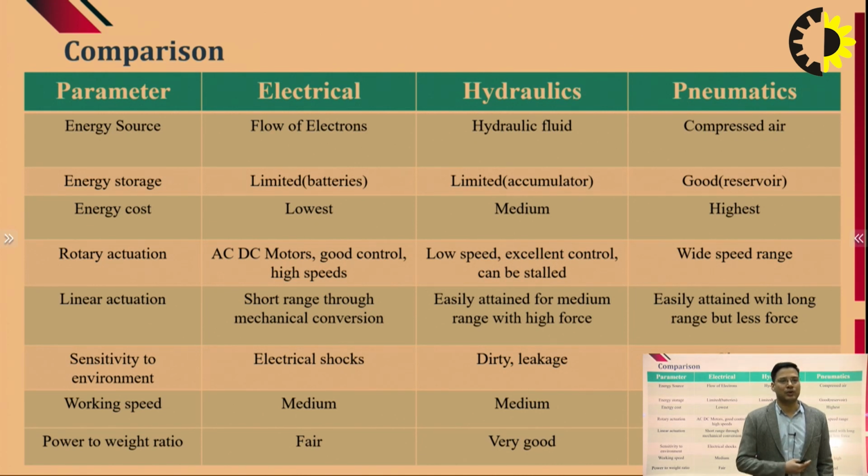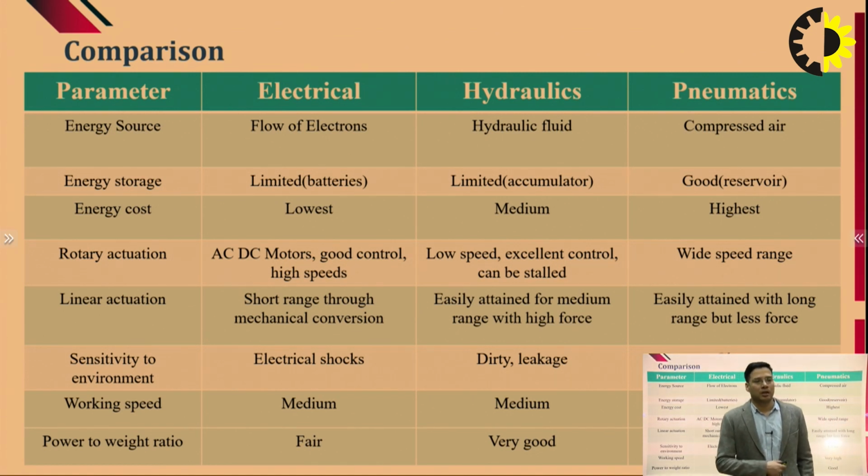Whereas in linear actuators we find more tilting towards hydraulics and pneumatics, since the flow of fluid or gases is basically responsible for the movement of actuators in the forward direction or in the reverse, that is retracted, direction. The working speed in electrical is medium, whereas in hydraulics it is very low, but in pneumatics it is very high.